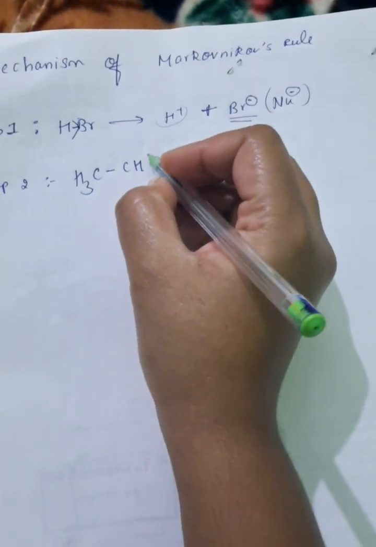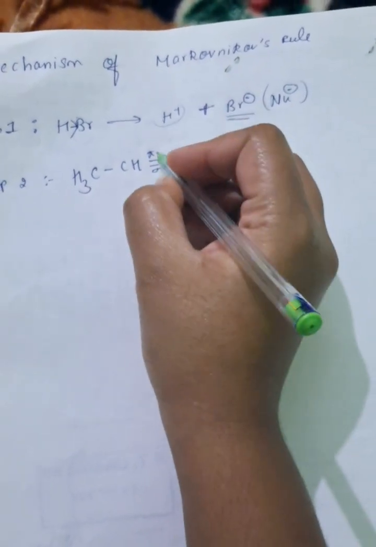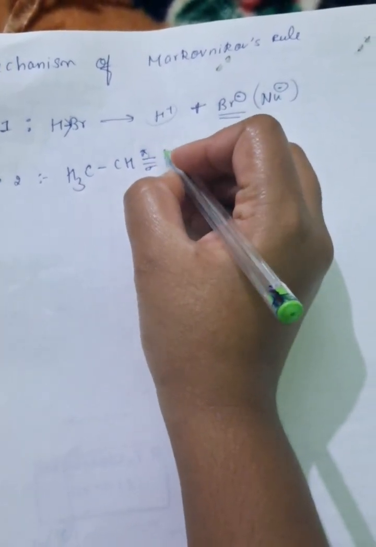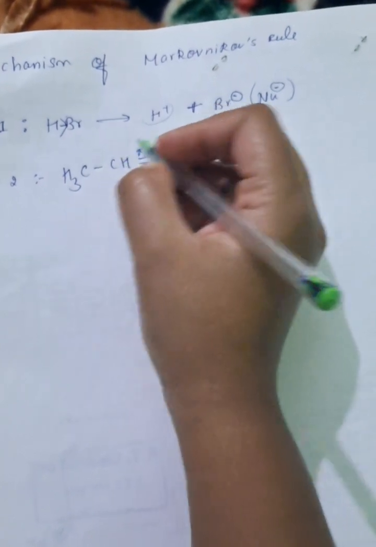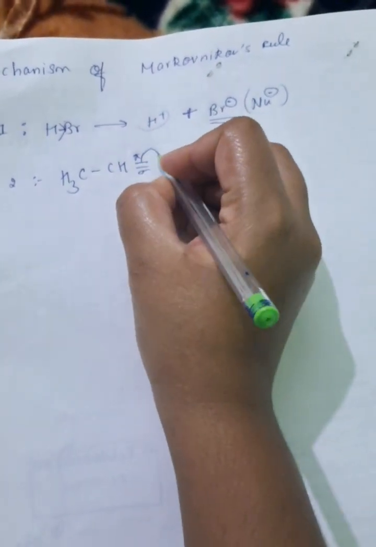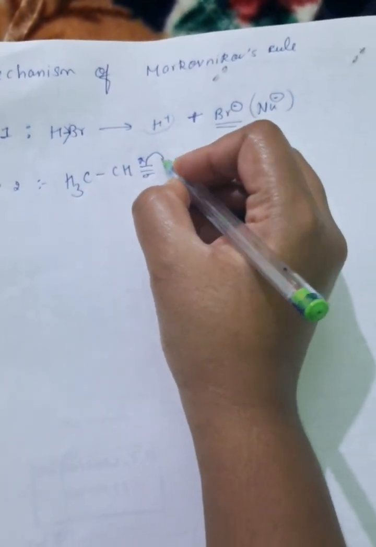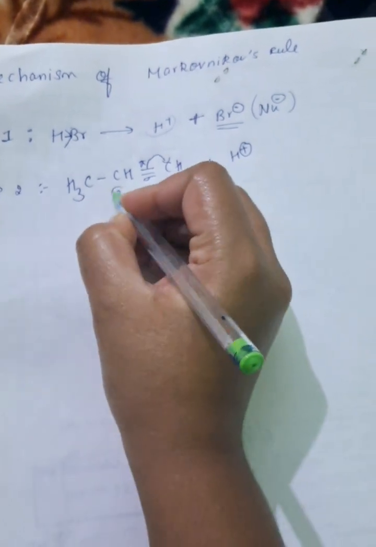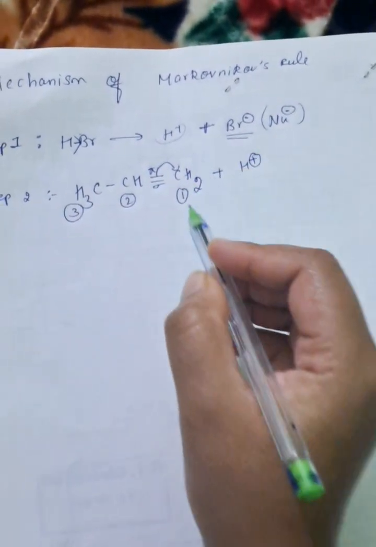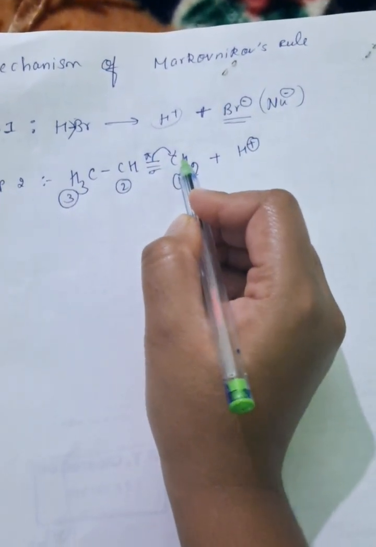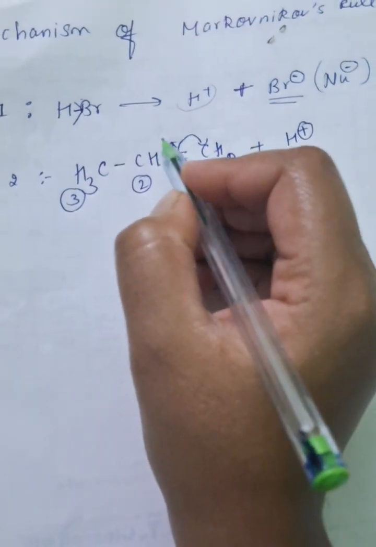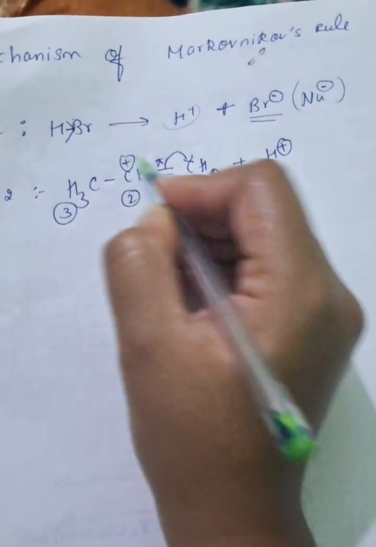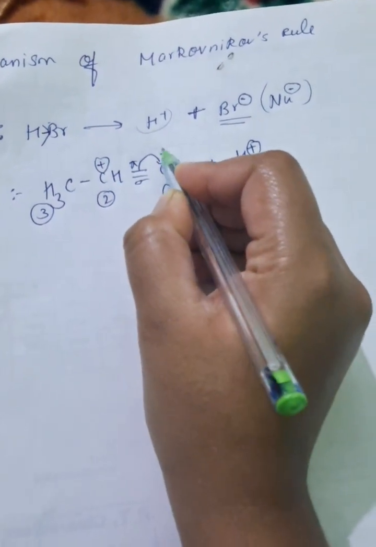Now this pi bond can easily break down, and it can shift either to this side or that side. Let me number it as carbon 1, carbon 2 and carbon 3. If the pi bond shifts to carbon 1, then carbon 2 will get a positive charge and carbon 1 will get a negative charge.